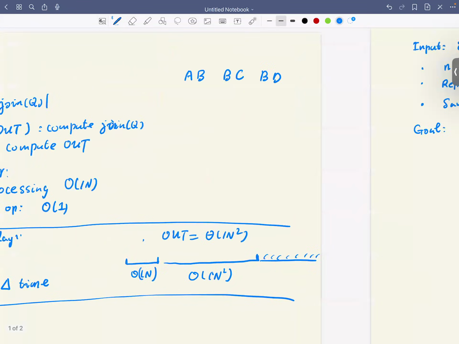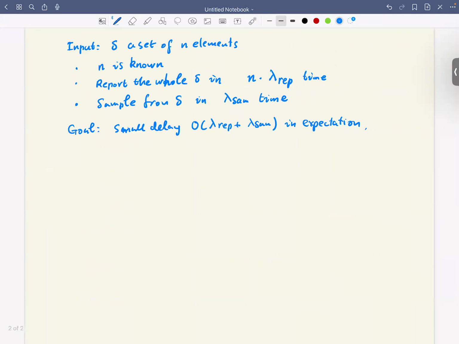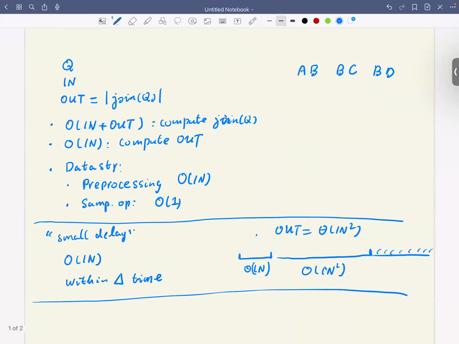If you look at the first one, in order to satisfy the first bullet, you have to be able to get me the value of n, but n here should be understood as the size of S, which is the result of the join. So the value n here is simply the value out on this page. Are you able to do it in constant time? Yes, actually it's the second bullet here.